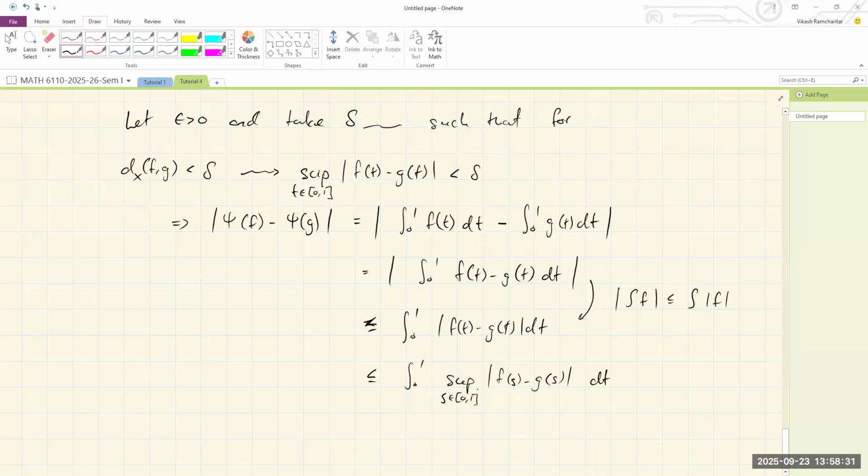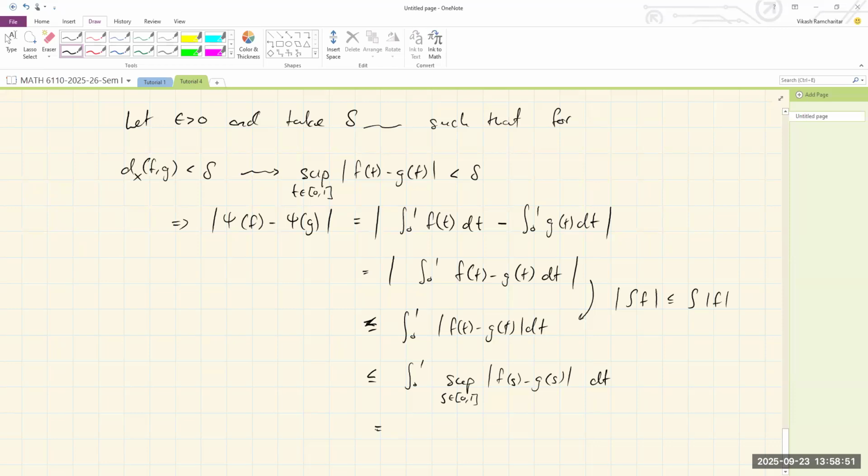Now the supremum of this value, that is just a number. So everything inside of this integral is just a fixed number, so you could move that number outside.